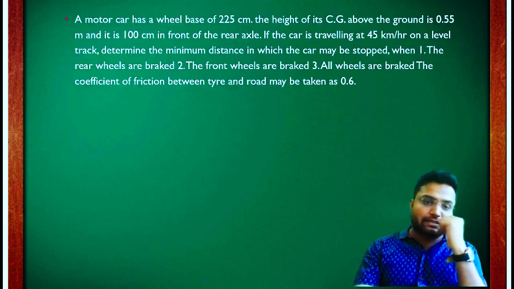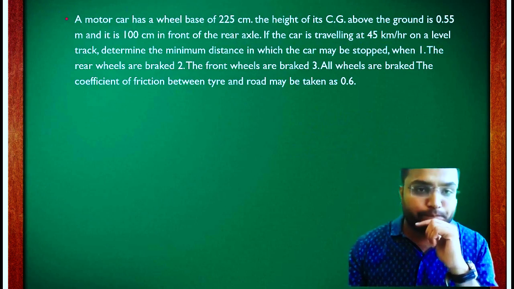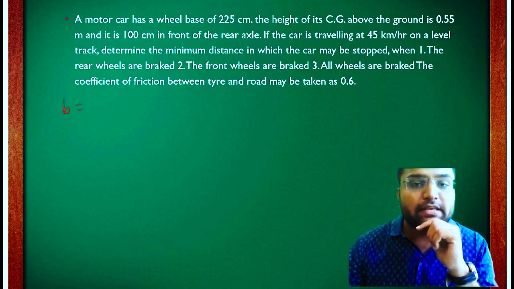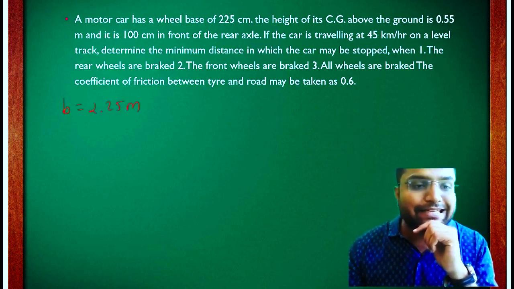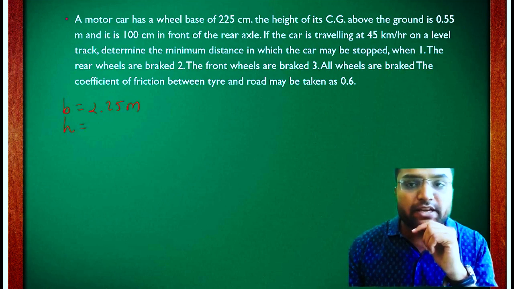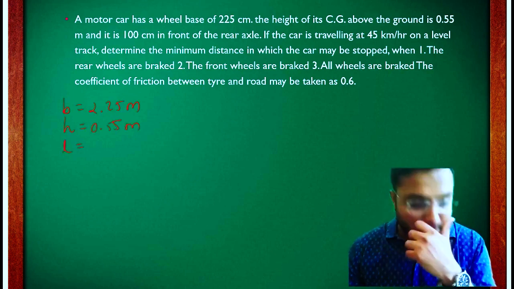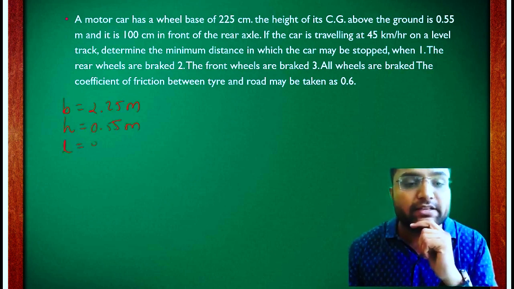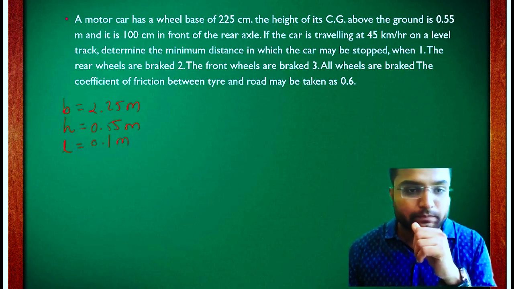Let's move on to the next example, which is almost the same kind of example. Our base is 2.25 meters. The CG above the ground, which is h, is 0.55 meters, and L, the distance in front of the axle, is 1 meter.